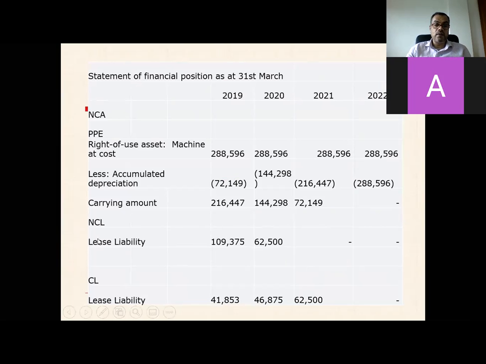For the lease liability, every year until 2022, there is a component that you have to immediately settle. When we talk about 2019, there is a component to be settled in 2020. That amount has to be shown as a current liability. How do we calculate this? That is most important. How are we going to calculate this?